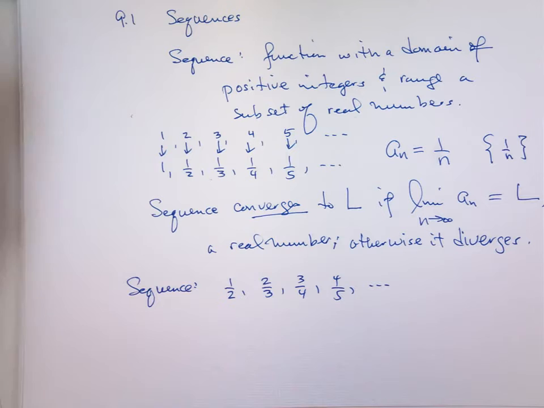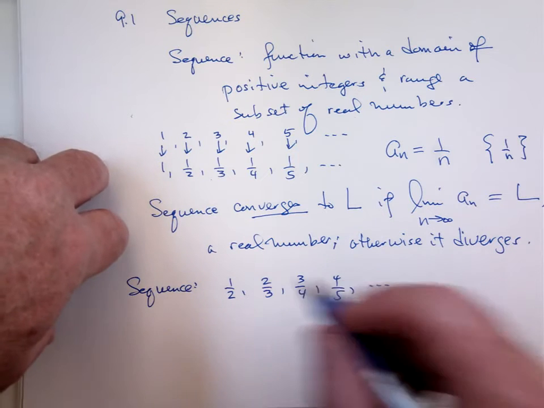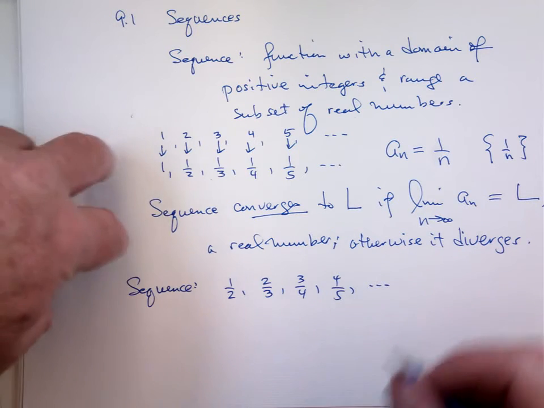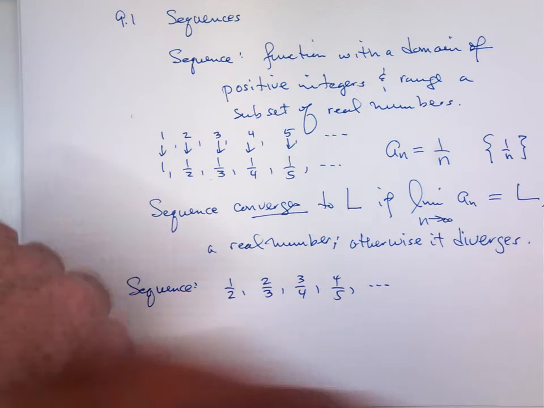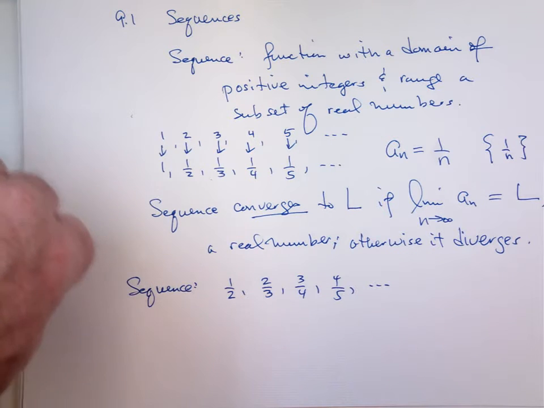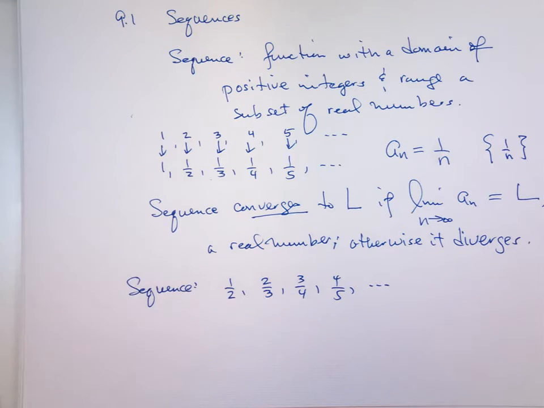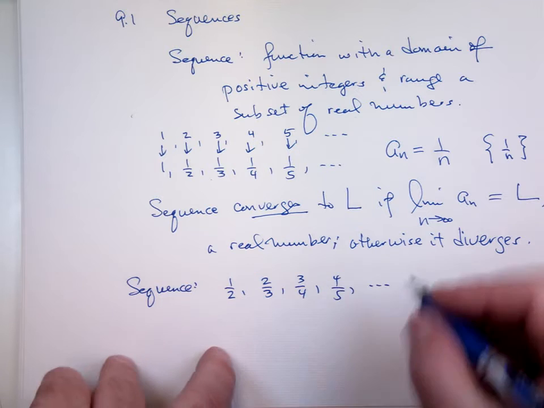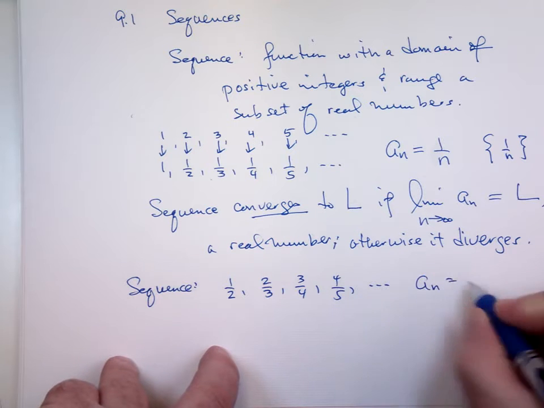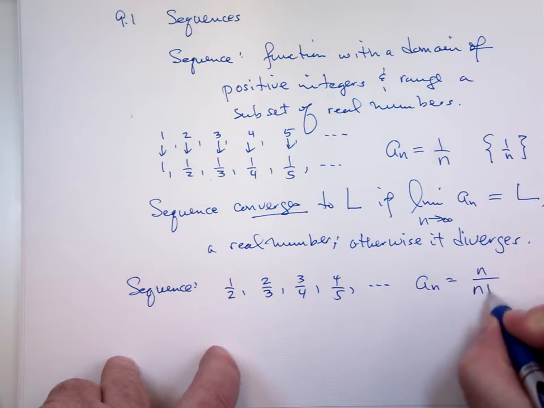N minus 1 over n. N over n plus 1. You could do n minus 1 over n, as long as your n starts at 2. If you start your sequence at 2, but generally it's going to be understood to start at 1 unless otherwise stated. Sometimes they'll tell you to start somewhere else, but generally it's going to be starting at 1. N over n plus 1.